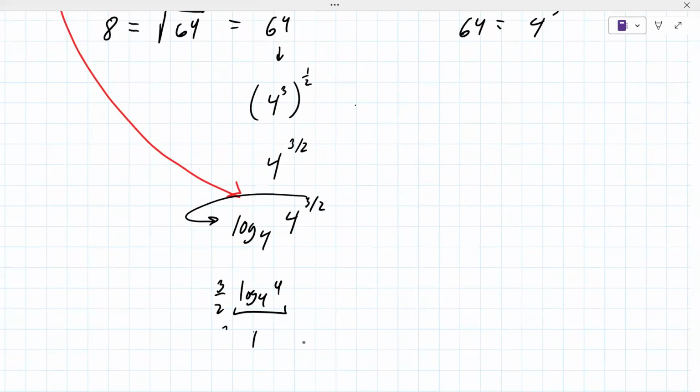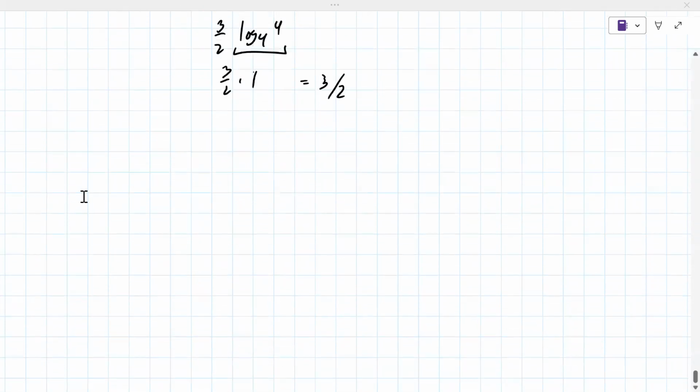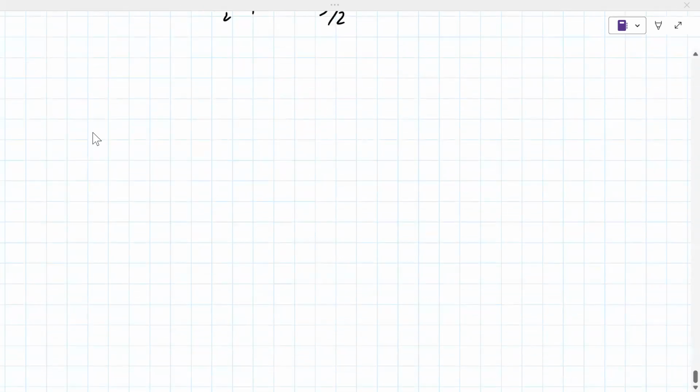This part is 1, so it's 3/2 times 1, which is 3/2. Any questions on this? No. We don't have much time, so make sure we get it all in.